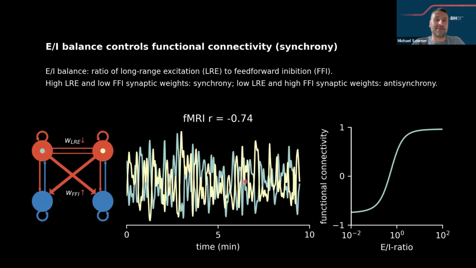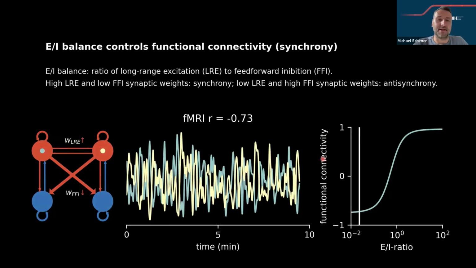We see how these time series unfold as we change the excitation inhibition ratio from low to high. And here we already see the outcome of this video. When we increase the EI ratio, we tune the correlation, the functional connectivity between these two time series, from a high negative value crossing zero towards a high positive value.